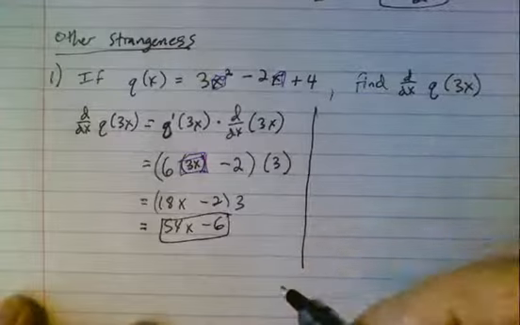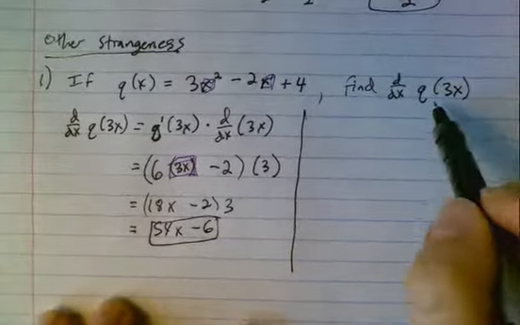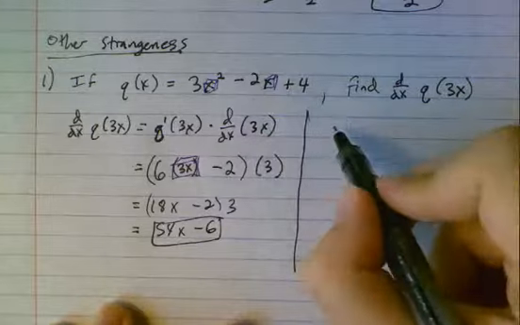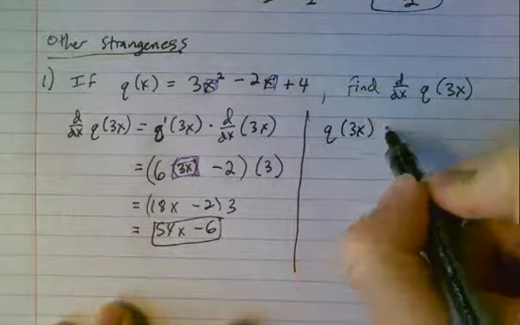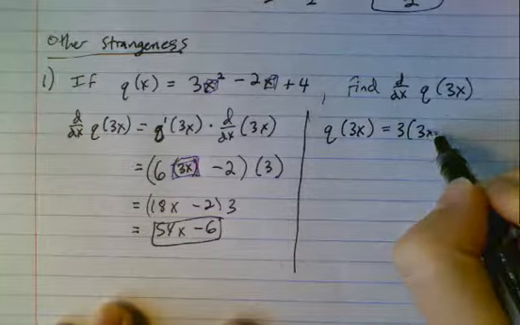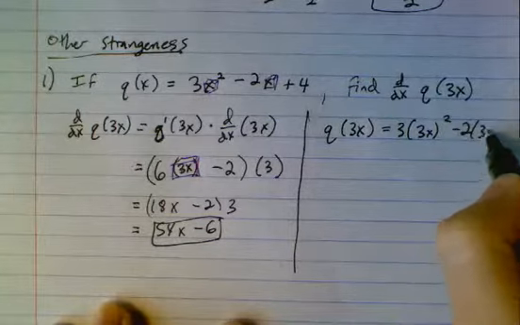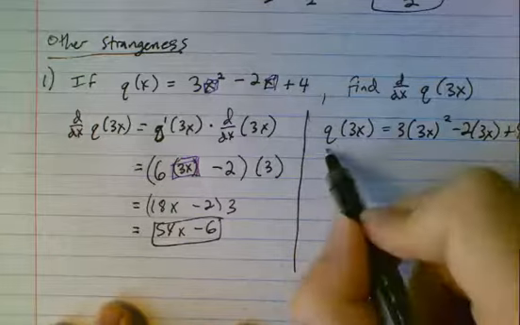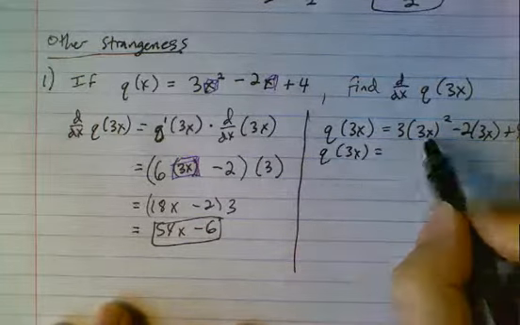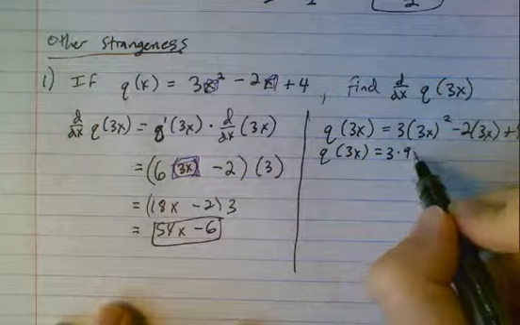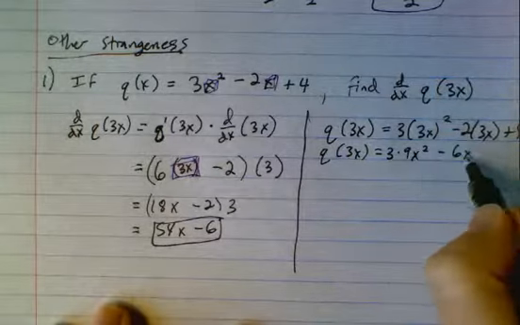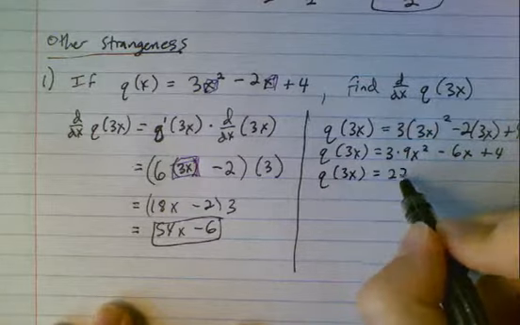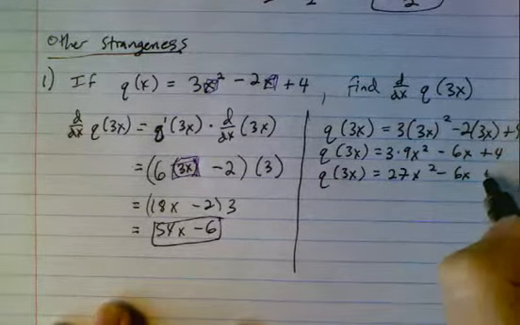The other way to do this is to say that q of 3x just means that we're taking 3x and sticking it in for each of the x's. So q of 3x is 3 times 3x squared minus 2 times 3x plus 4. If I square this, that's 3 times 9x squared minus 6x plus 4, 27x squared minus 6x plus 4.